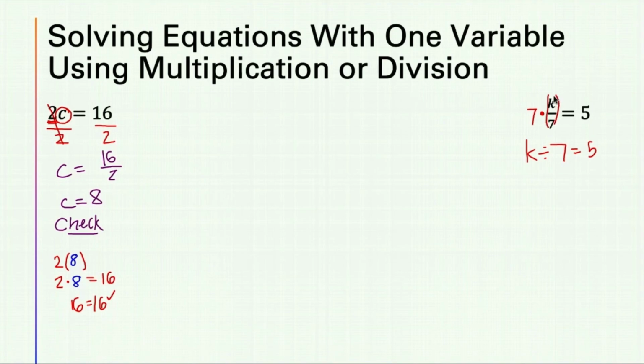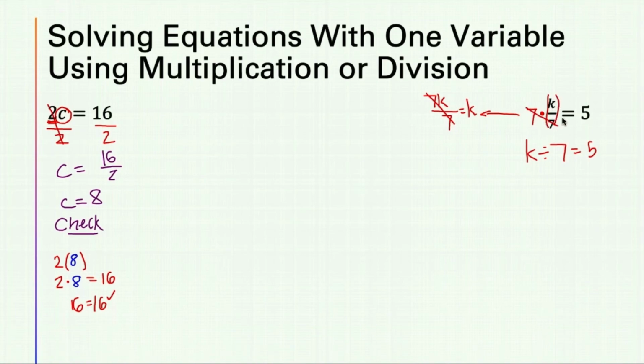We need to multiply the whole side by 7, because what this results in is 7k divided by 7, which obviously equals k, because these 7's cancel out. So if we multiply by the whole thing, then the 7's cancel out and we get our k by itself.